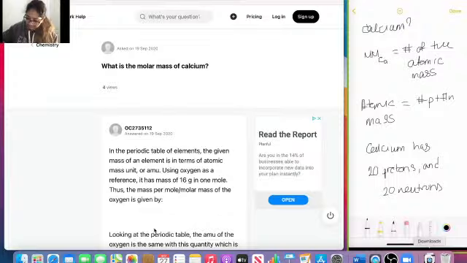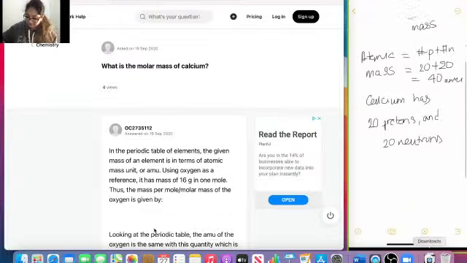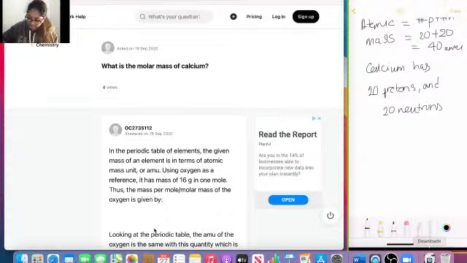So you can say that the atomic mass is basically 20 plus 20, and it's equal to 40 AMU. In this case, the molar mass of calcium is also approximately 40. I just rounded my number. You should go with the numbers that are in the periodic table, 40.0 grams per mole.